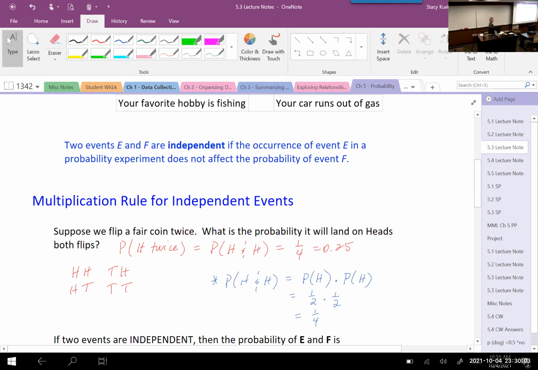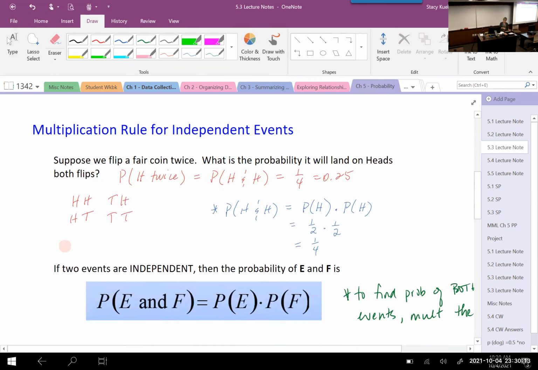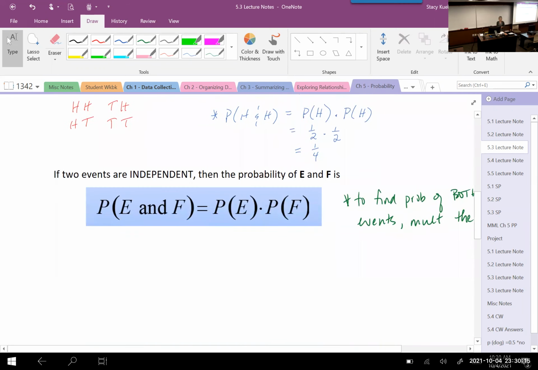Right, so independent events have to do with the fact that the probability of one event does not affect the probability of another. The multiplication rule that we use for independent events is simply going to be the probability of event E and F. There's that key word there. If they are independent, then we will multiply the two events together.